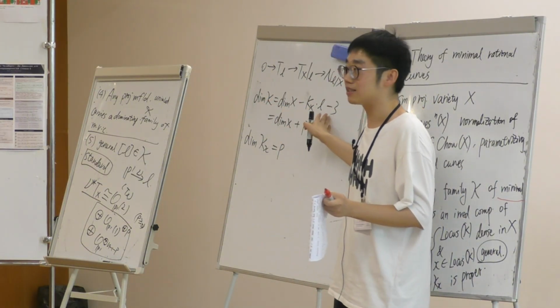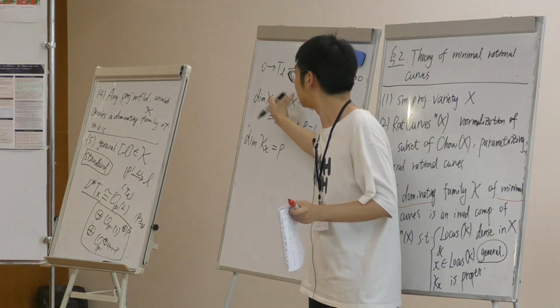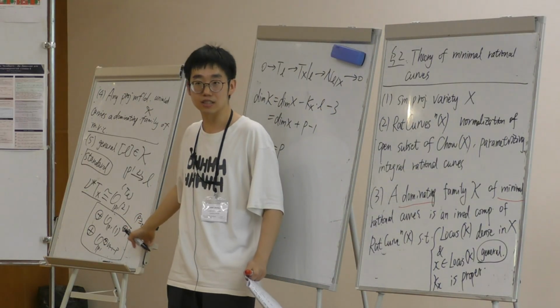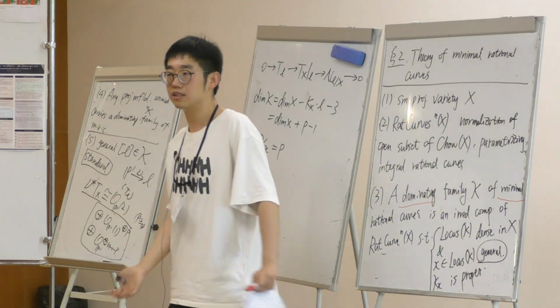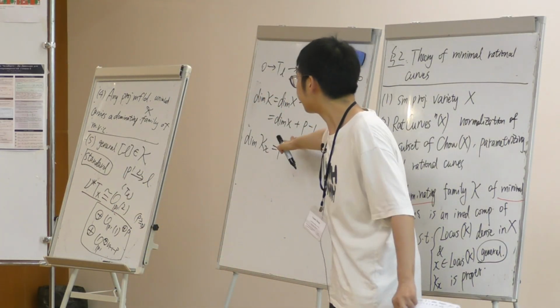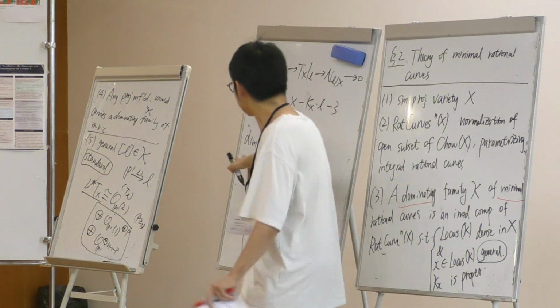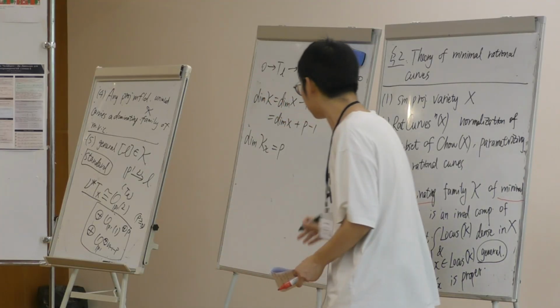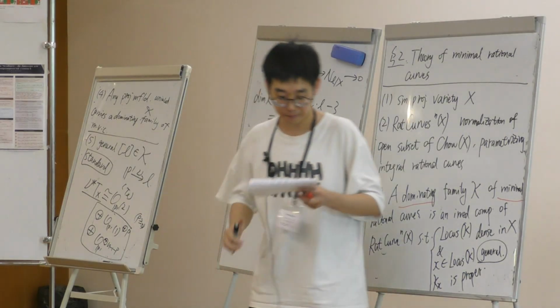Then this is just n, and this Kx times L follows immediately from this exact sequence, this splitting. Then you can use this P. And for the dimension of Kx, it's also not very hard to prove. This dimension coincides with this P.